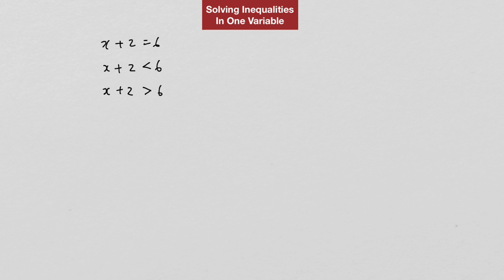In both of these cases, these are also inequalities. And then you could also have x plus 2 is less than or equal to 6, and x plus 2 is greater than or equal to 6.